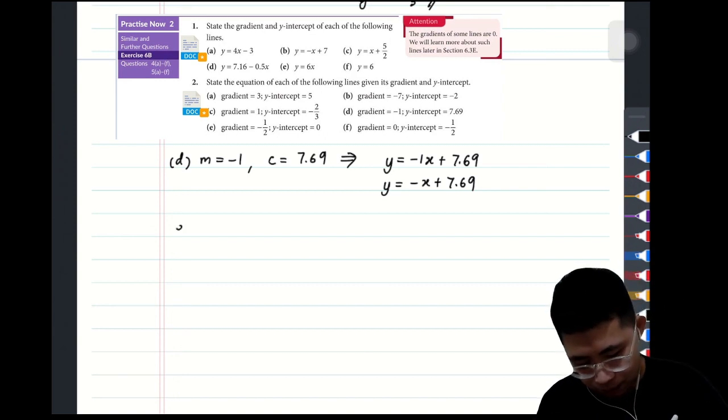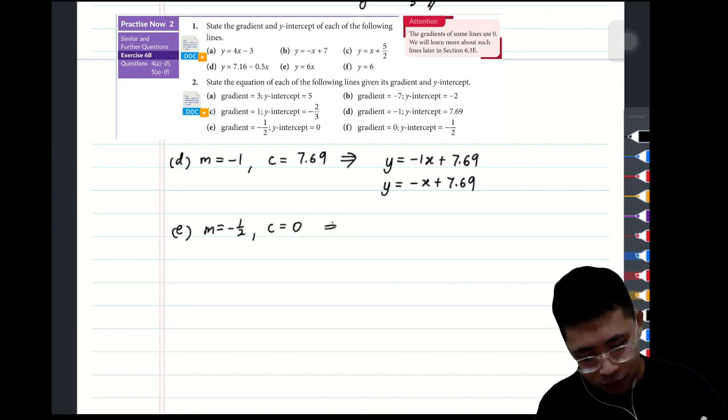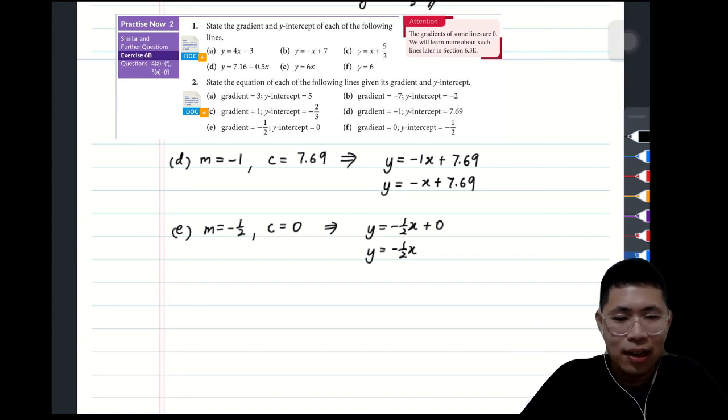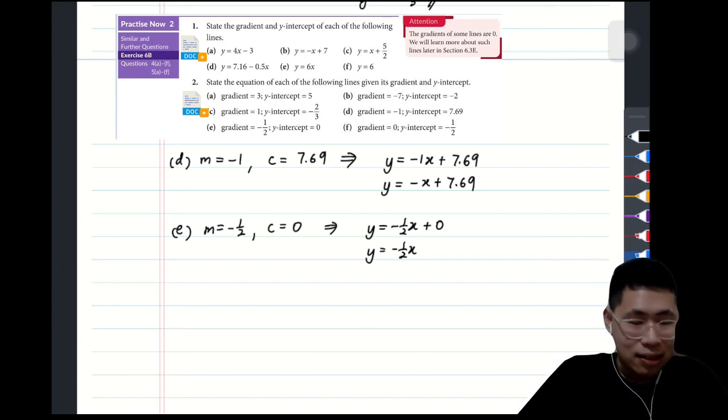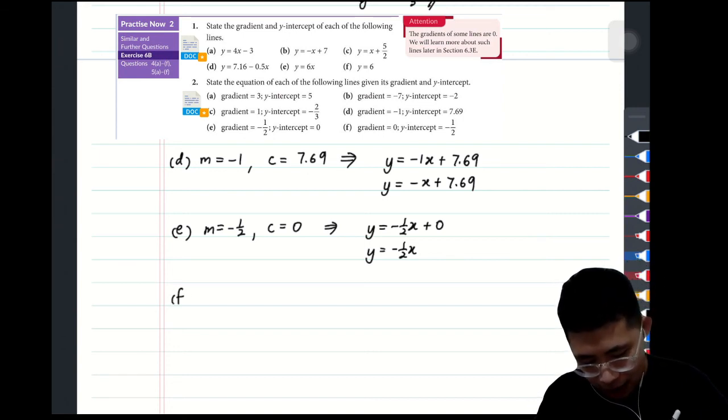Okay, e. The gradient is negative half. The y-intercept is 0. So we write y equals mx plus c, so y equals negative half x plus 0. We're going to hide it as well. Usually we hide the 1s and the 0s. Okay, last one of the day, f.